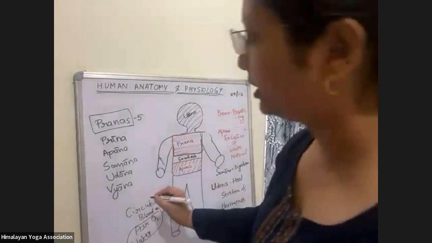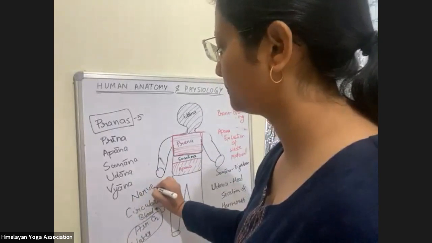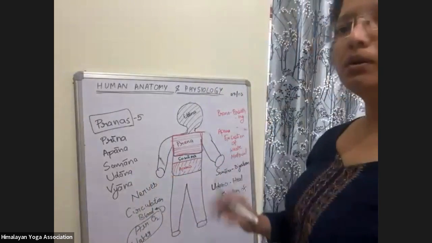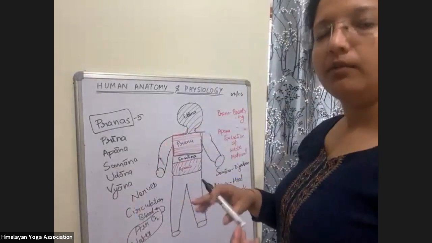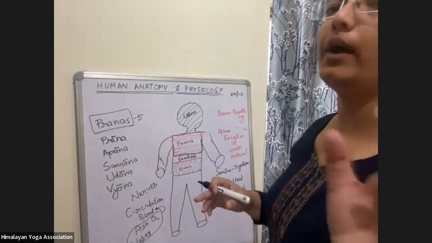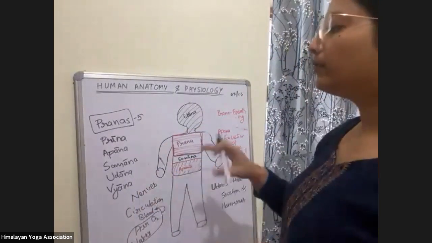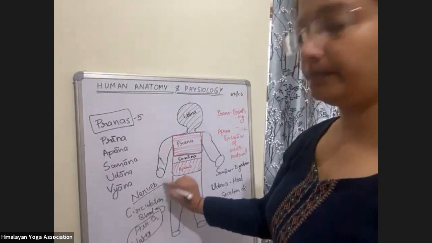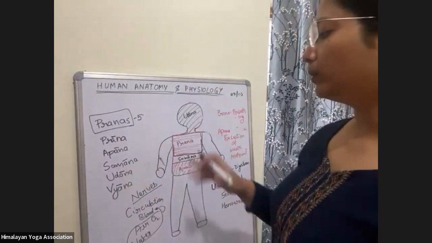And very important, we have nerves all over the body. If someone pinches you anywhere in your body, you'll feel the pain. Why? Because there are nerves. If there is a cut anywhere, the blood will come out. Why?